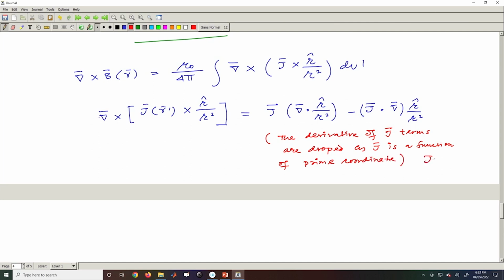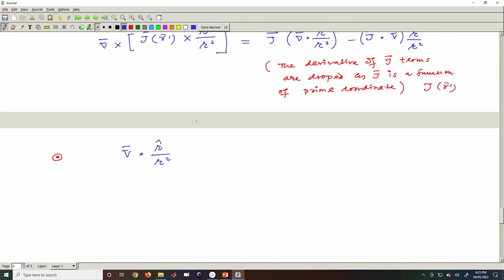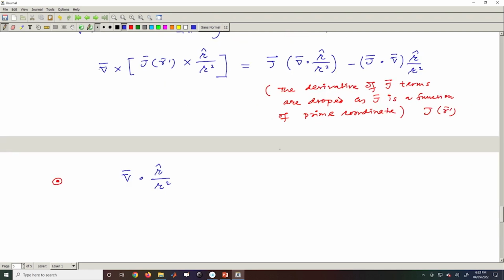Okay, because j is a function of r prime, whenever this operator is operating over j, it gives rise to 0, that we already got. Now let us remind a very important vector identity that we also proved, the divergence of r divided by r square.